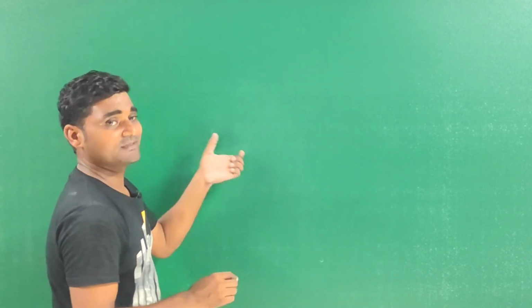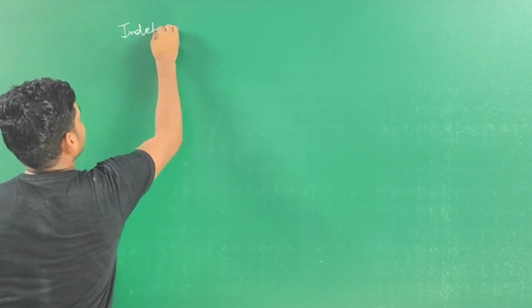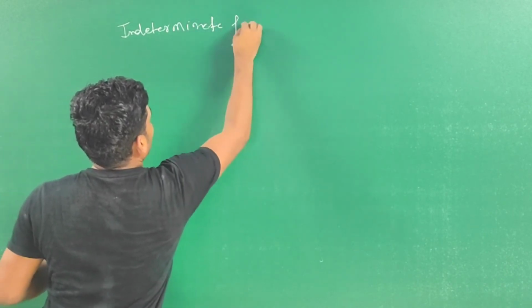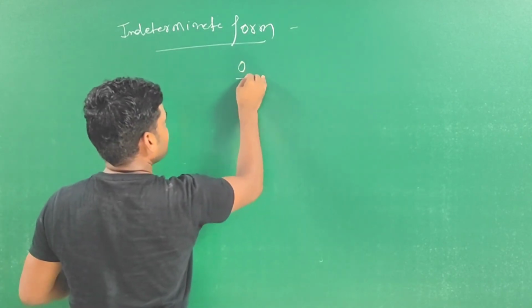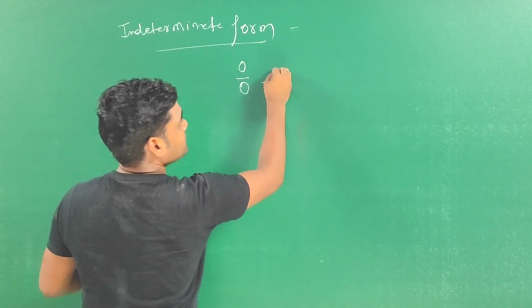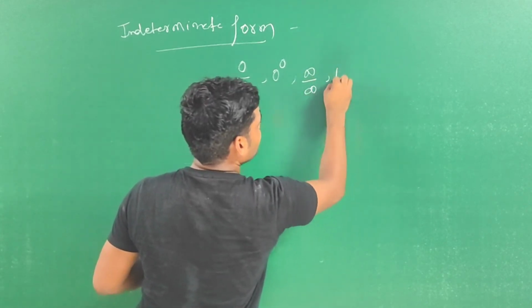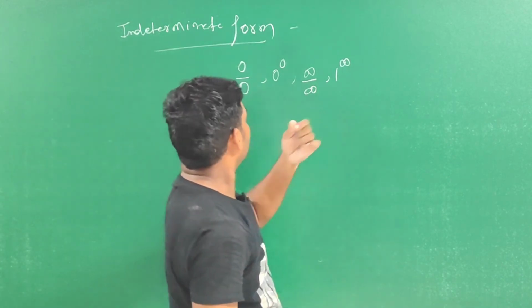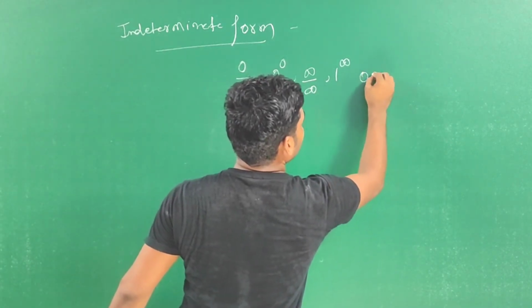So let's see what the indeterminate forms are. Indeterminate forms: 0 by 0, 0 to the power 0, infinite by infinite, 1 to the power infinite, 0 into infinite.